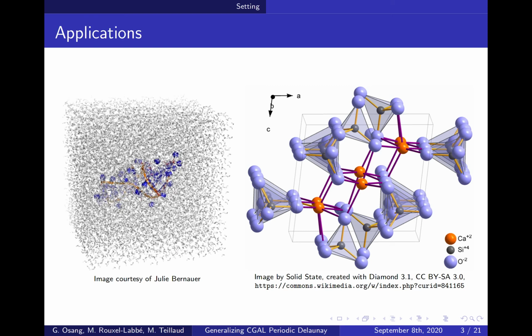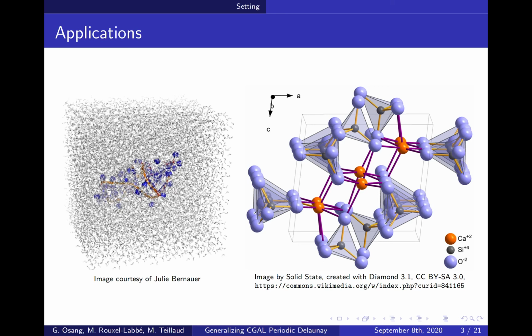Another application is generally in crystallography. Crystals are infinite periodic structures, and here, for example, we have wollastonite, and interestingly, these translations under which it is invariant, these vectors, are not even orthogonal.